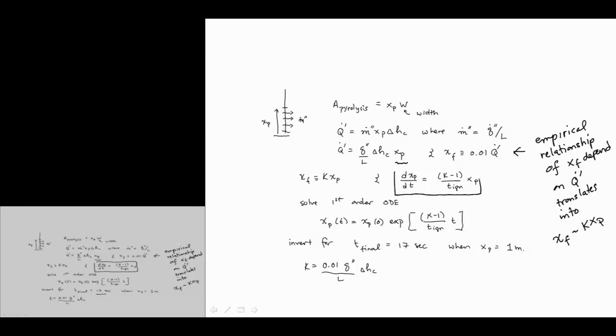It says that in 17 seconds we invert it. And the inversion says that T is equal to T ignition over K minus 1 times ln of XP, sort of a T final, which we know, over XP0, where this is the 1 meter, and this was our, what did we say, 5 centimeter.